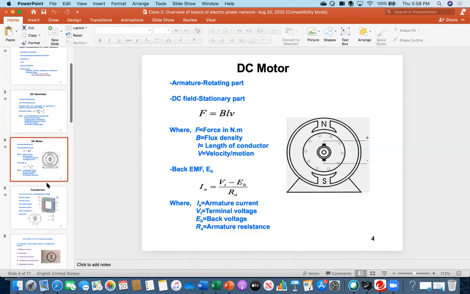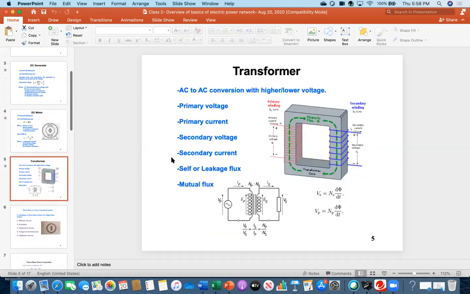Okay, now I want to jump into the transformer. In case of the transformer, you all know the basic function: a transformer's function is to increase or decrease the voltage. For example, this is a transformer. It has two sets of coil. This body is called the magnetic core material.